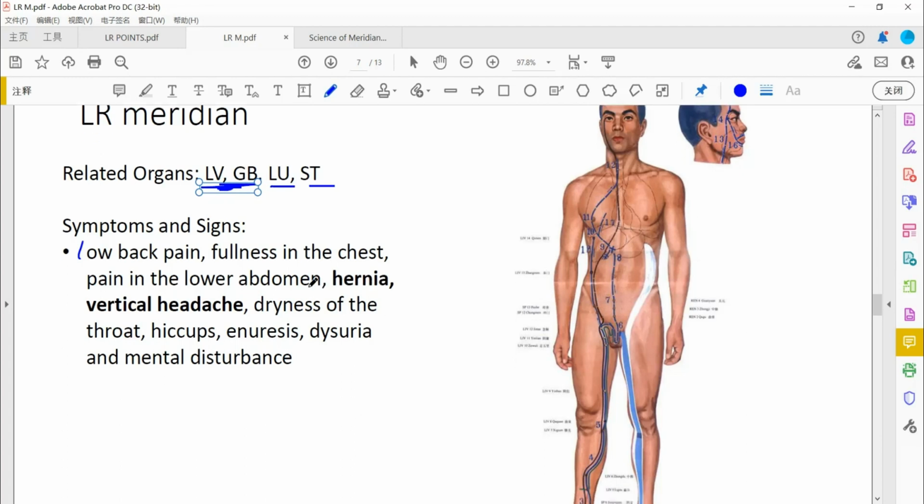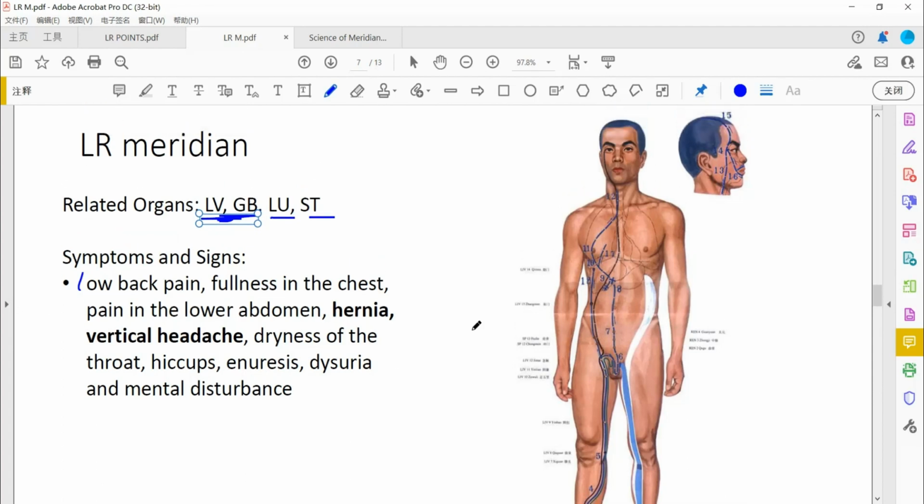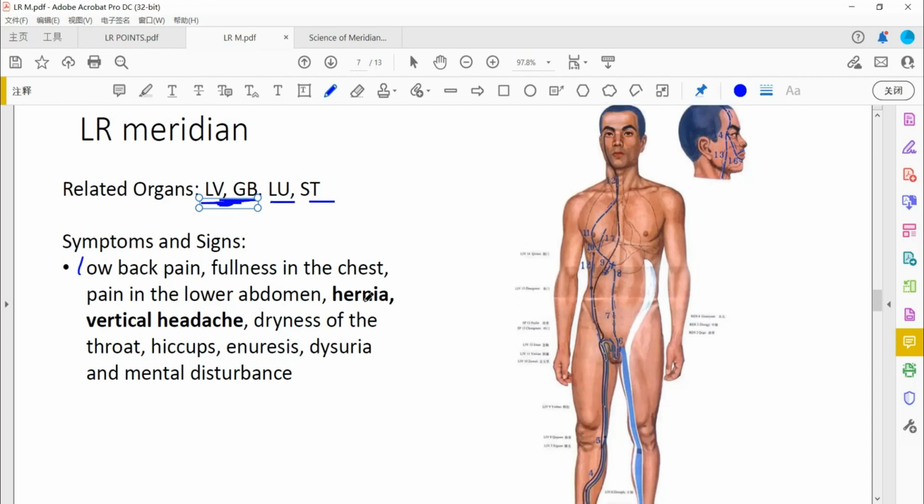And the keywords for symptoms and signs are hernia and vertigo headache, because it goes to the vertex of the head. And the hernia is because it circles the genital region, genitals.